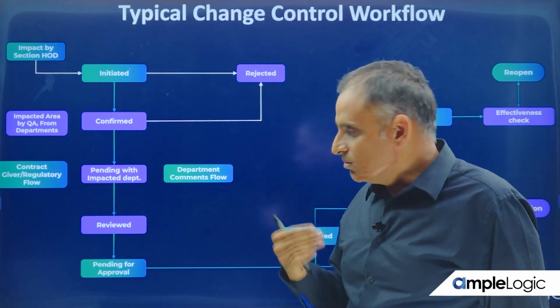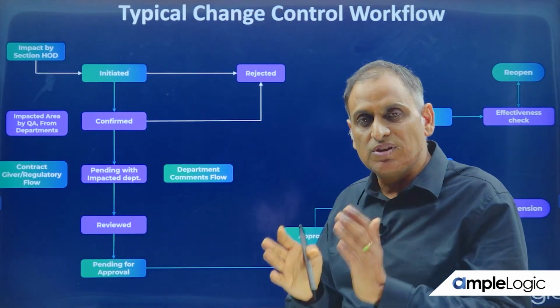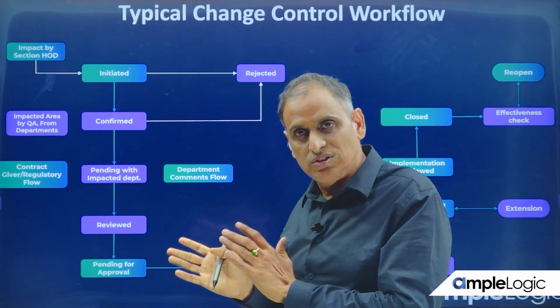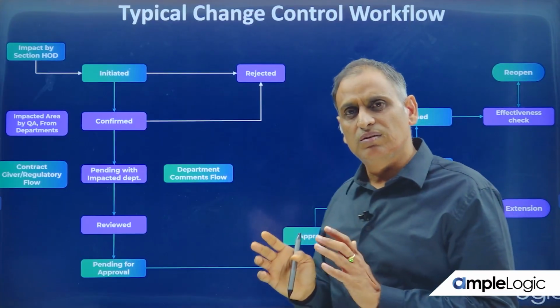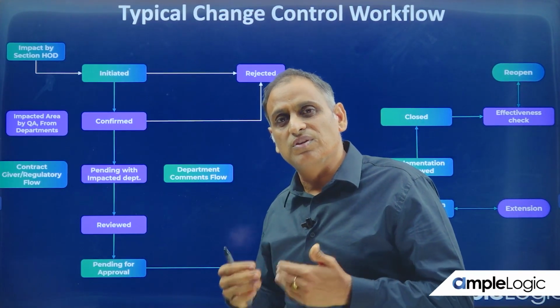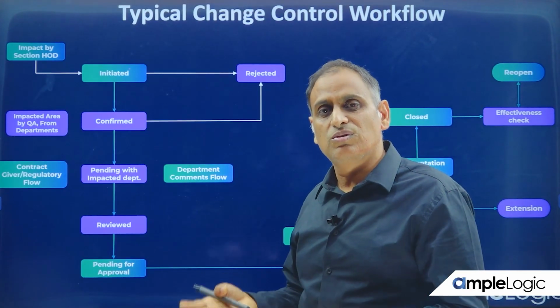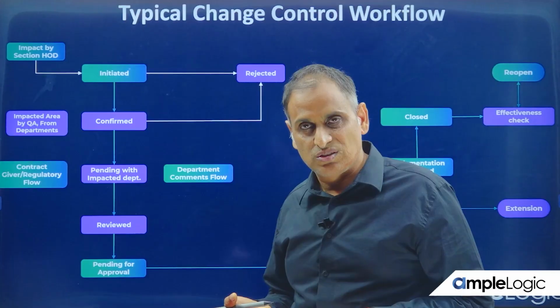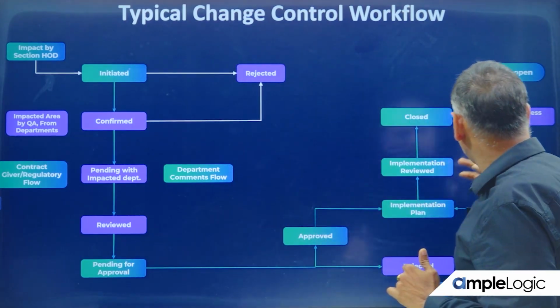So this is what AI can do for deviations and CAPAs. The same way for change controls, you can minimize certain tasks, for example rejections. Typically the rejections happen when there is an existing change control already running. So it tells you a change control is already running, why do you need to create one more change control? So this is the way AI can do certain tasks.